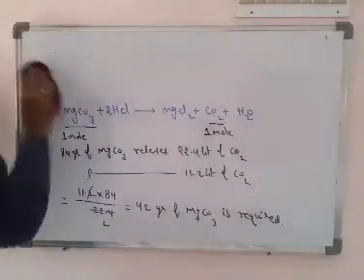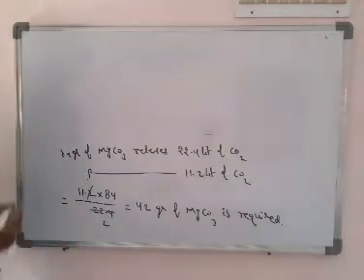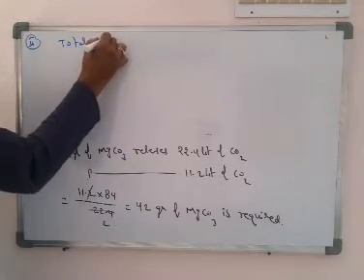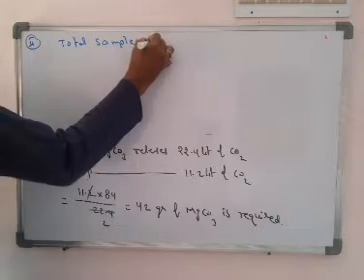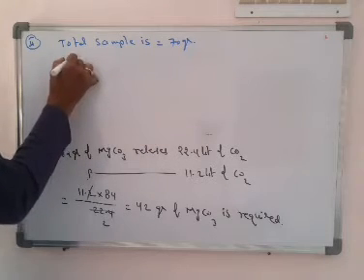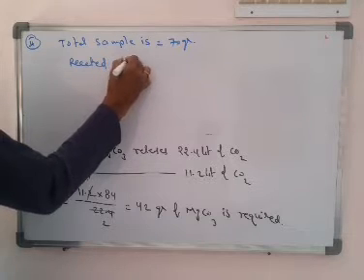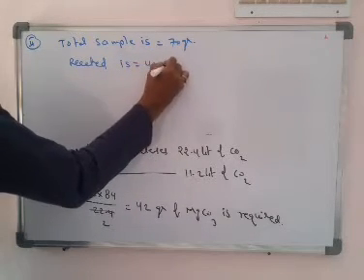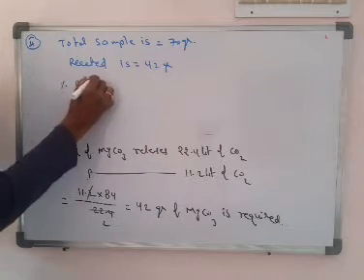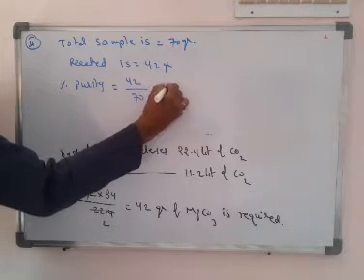So the total mass is given. Just take it as case 2. Total sample is how much? 70 grams. Reacted is how much? Just 42 grams, means the remaining is impurity. So therefore percentage purity equals reacted by total mass.